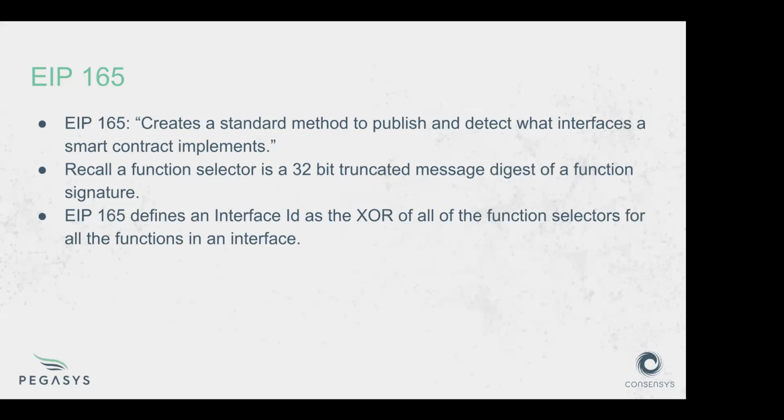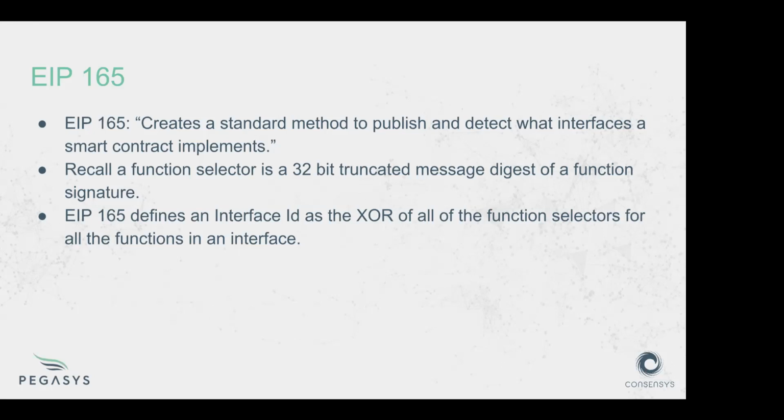EIP 165 defines a standard method of publishing and detecting what interfaces a smart contract implements. If you recall that function selectors are 32-bit truncated message digests of function signatures, then EIP 165 defines an interface identifier, and it's the XORing of all of the function selectors for the functions in an interface.